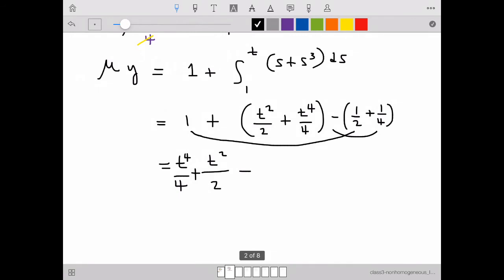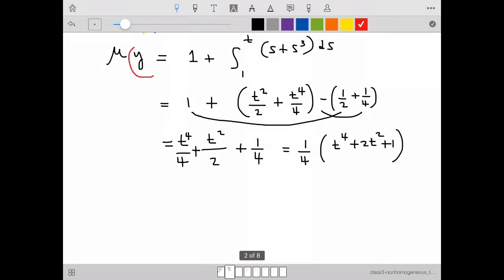So we get plus 1/4, which is 1/4 times t to the 4th plus 2t squared plus 1.